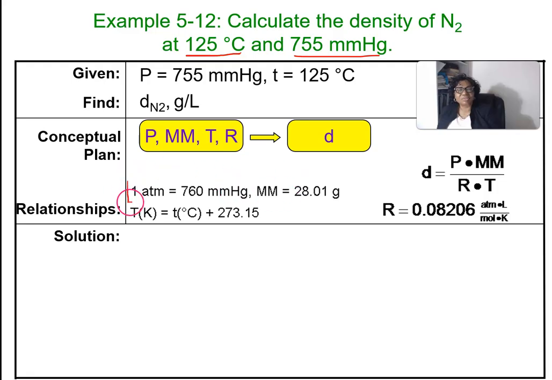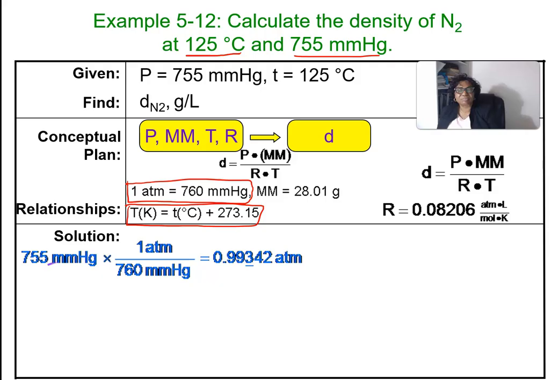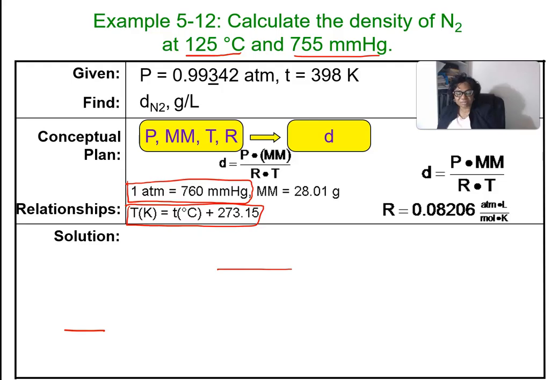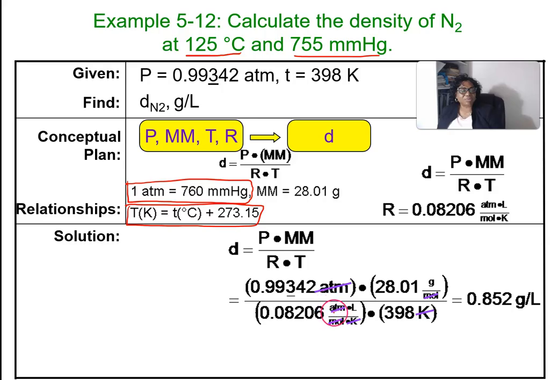This is our molar mass of nitrogen. So we get the atmosphere, we get the temperature in Kelvin, then we substitute it in our equation, and the density of nitrogen comes up to be 0.852 grams per liter.